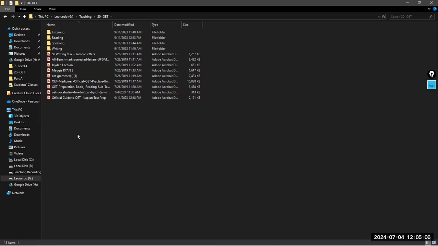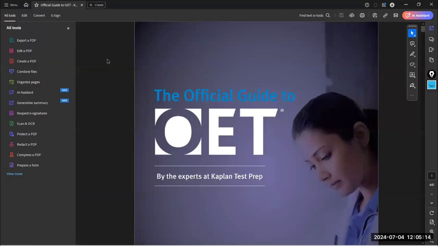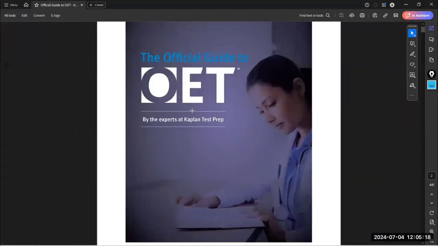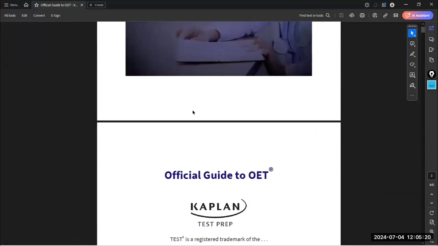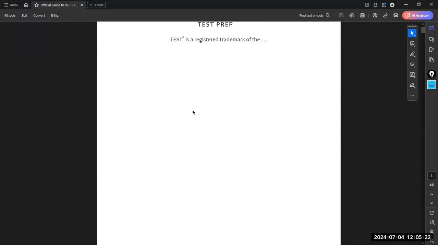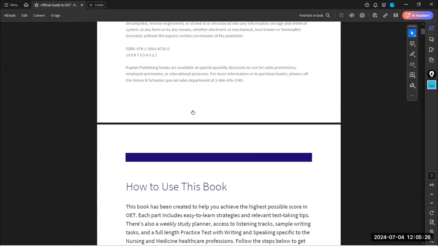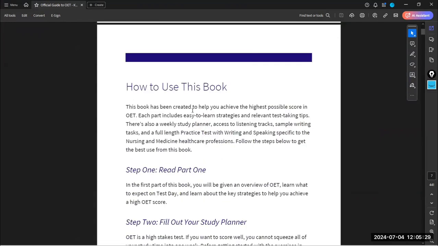Okay. Let me open this book and let me show you the guidance about the OET exam, the general overview, because absolutely you haven't applied for this exam before. I'm going to show you the structure of this exam. Let's go down just to show you the map or the general overview.